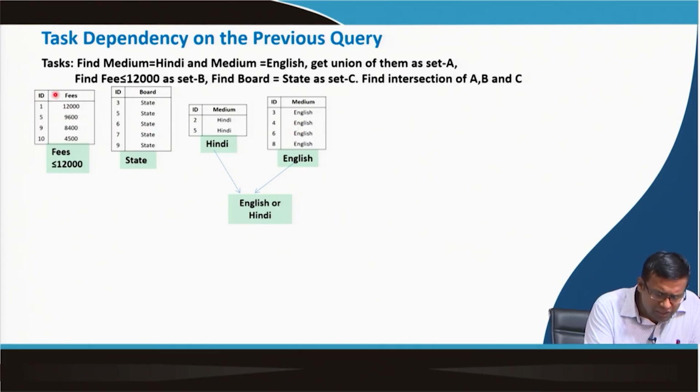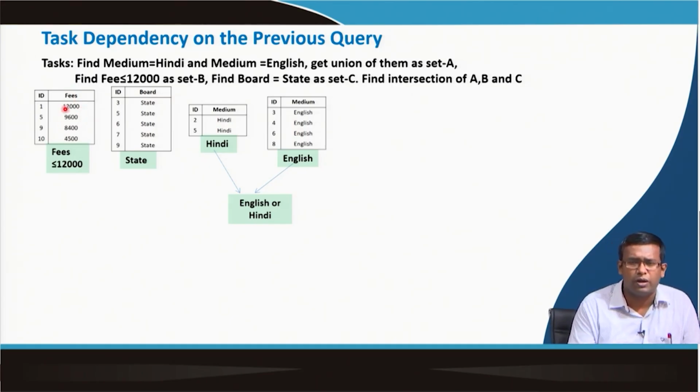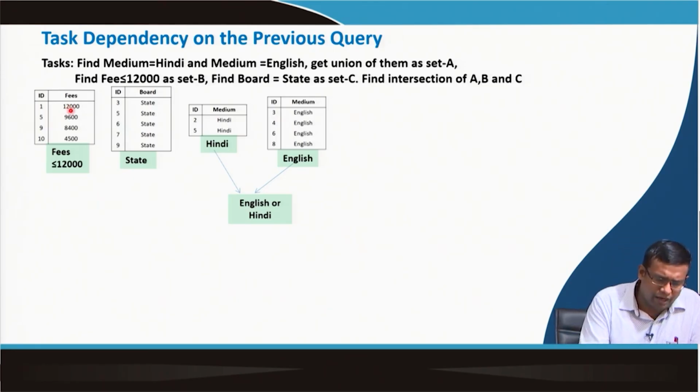Among a list of 10, I have to find where the fee is less than or equal to 12,000, so we do 10 floating point arithmetic logical operations. The next one is again among 10 schools, to find the state board, again 10 operations. So these are different tasks, each doing 10 operations, and they are independent.